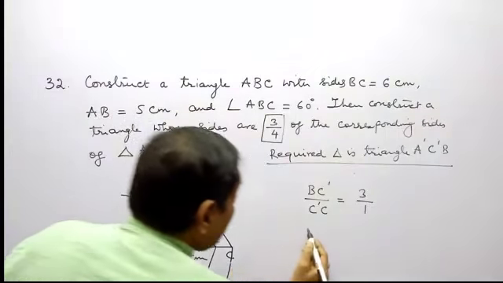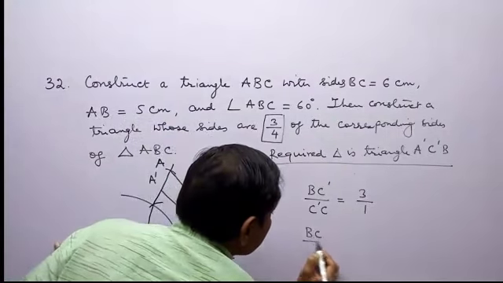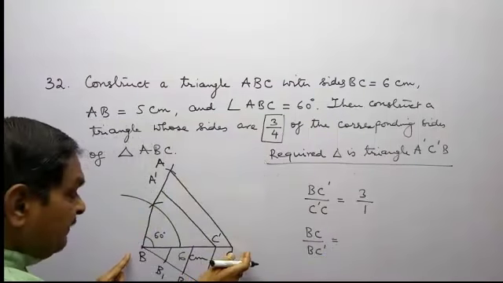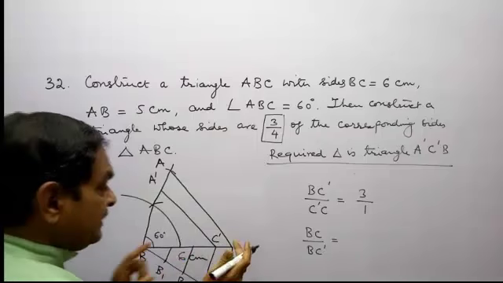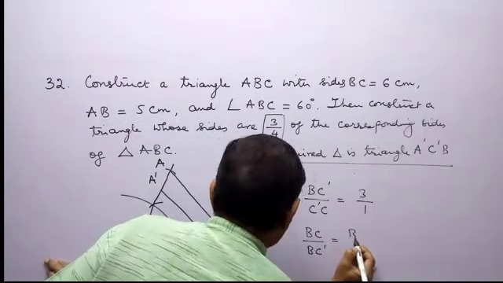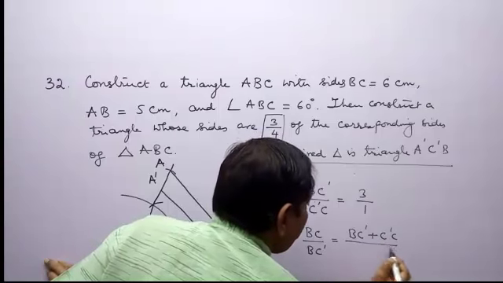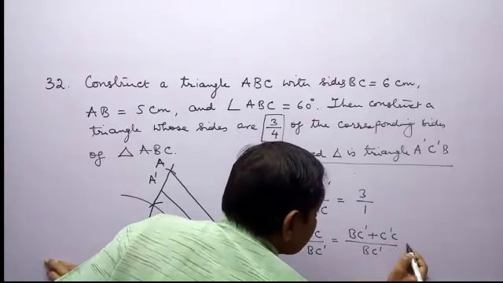So BC upon BC dash, we can write as BC dash plus C dash C upon BC dash.